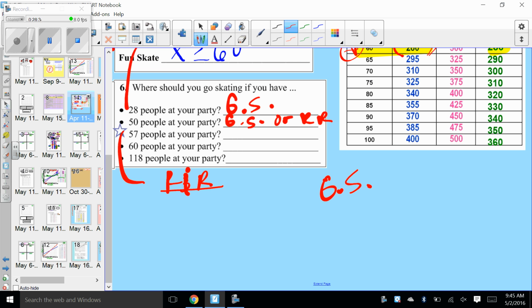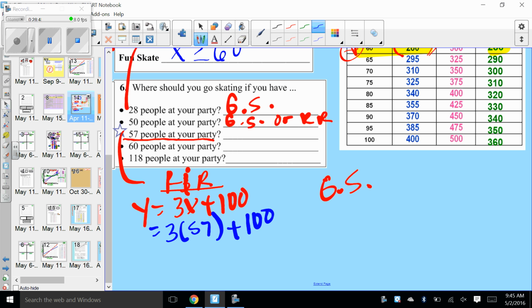Rock and Roll's equation is y equals 3x plus 100. What happens with 57 people? We have $3 for 57 people and $100 at the beginning. Go ahead and type that in. Everybody should be typing that in. So we get $271.